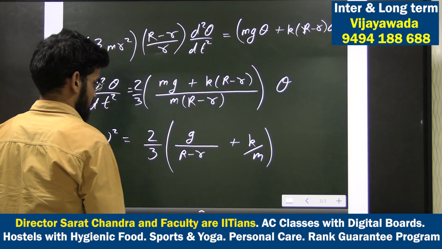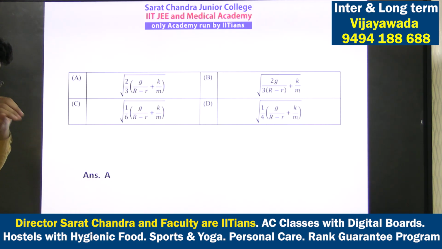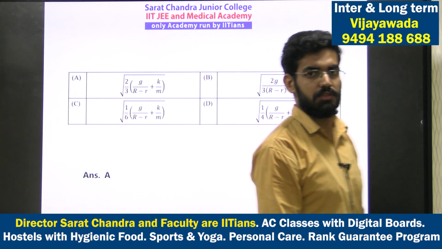This is your omega square, correct? R square got cancelled, one r here, one r there, when we were writing the torque. So you can take the square root. If I see the options, option A is my answer. This is your first question.